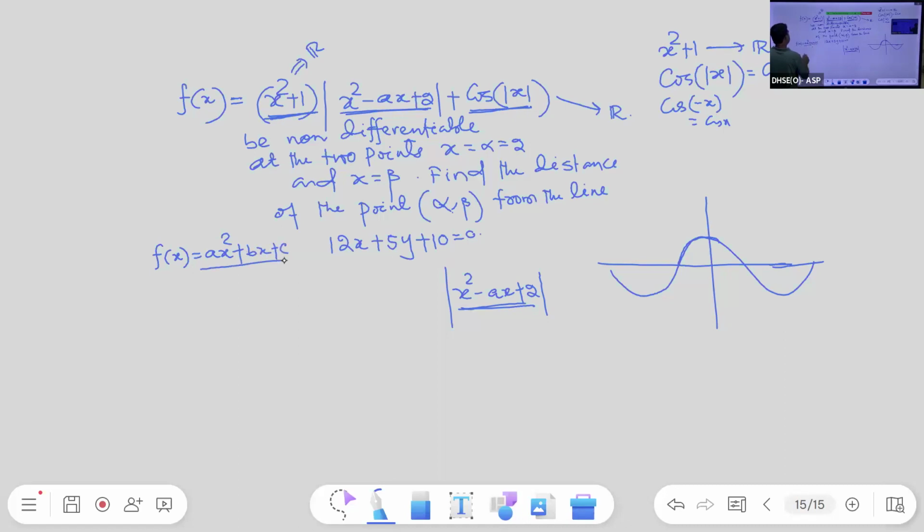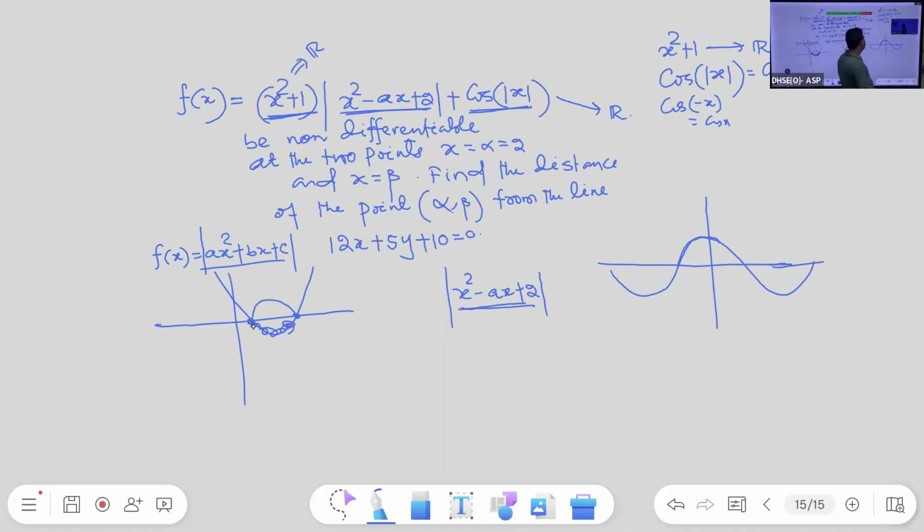Either the parabola opens in the upward direction or in the downward direction. Suppose the graph looks like this. If you take the absolute value, the negative part of the curve will become positive. The structure of the curve will be like this. So here is a corner point and this is another corner point. At these two corner points, the function will be non-differentiable.